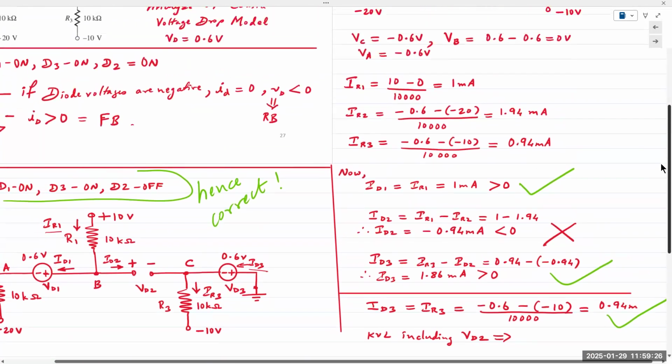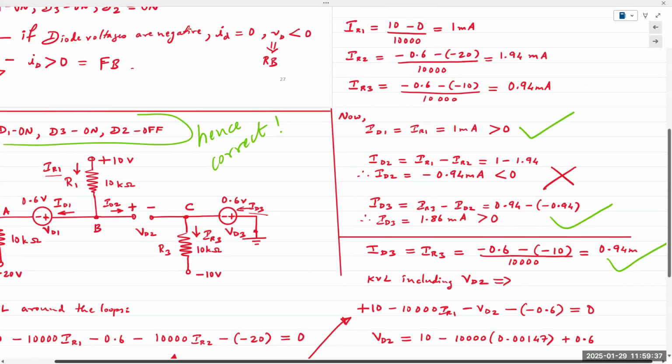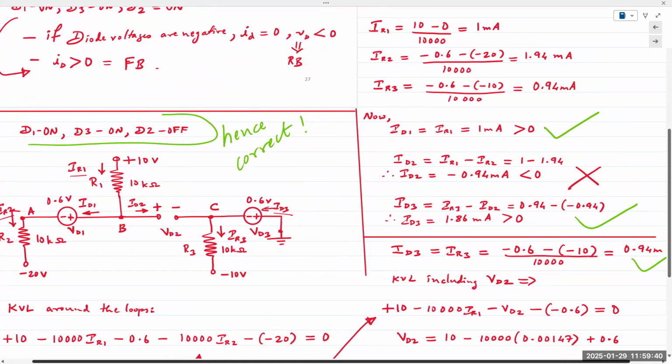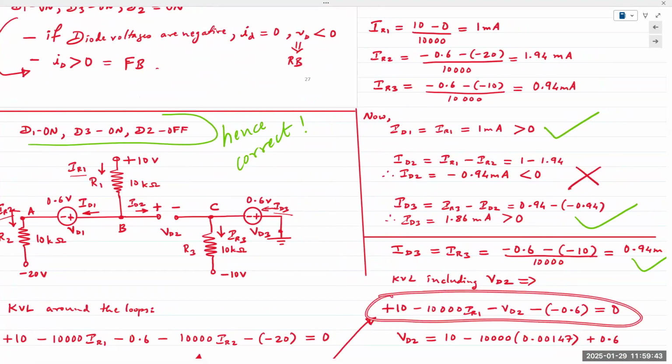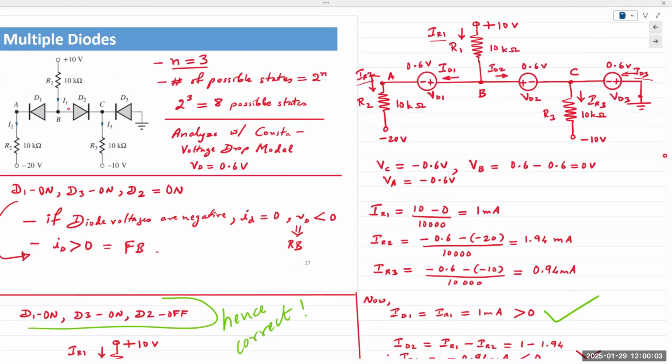So I applied KVL right here. So a question being asked is about this equation, right? Which one here? No, because if you look at the circuit, the anode is on the left.